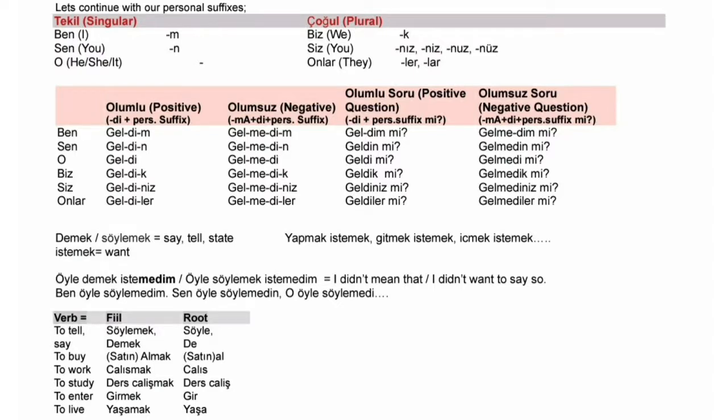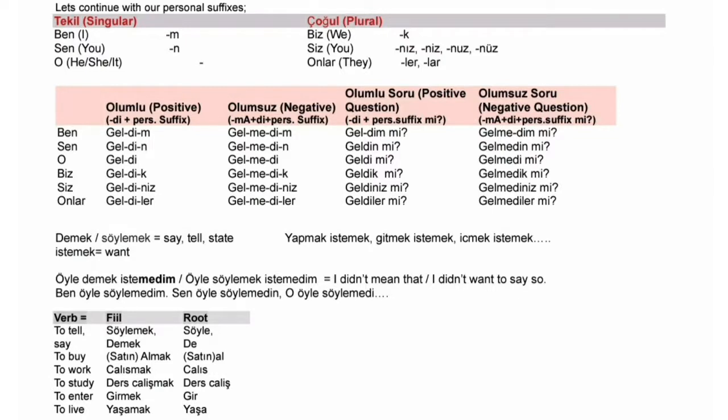Let's take gelmek again, to come. We removed our mek, the suffix which makes it a verb. So we now have our verb root gel.